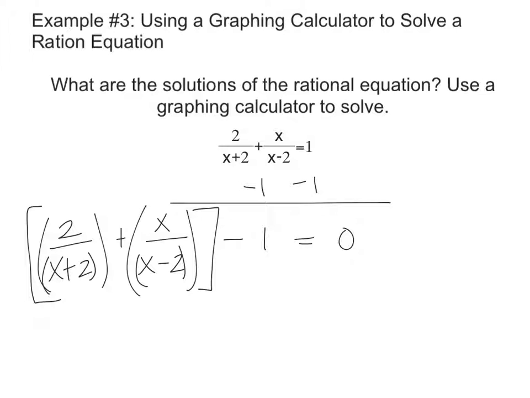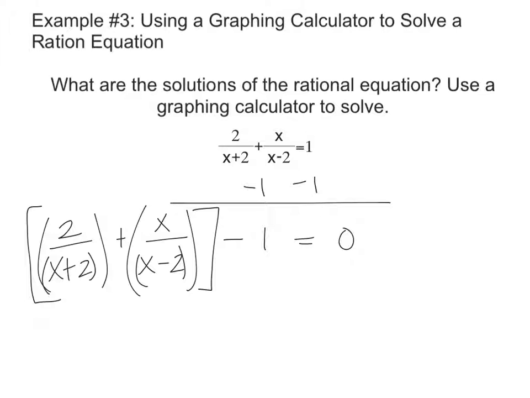Plus, open it up for the second fraction, x divided by, open it up for the denominator, x minus 2, close it for the denominator, close it for the second fraction, close it for the first half, so that would be for the brackets, and then minus 1. Okay, we will then graph that function.